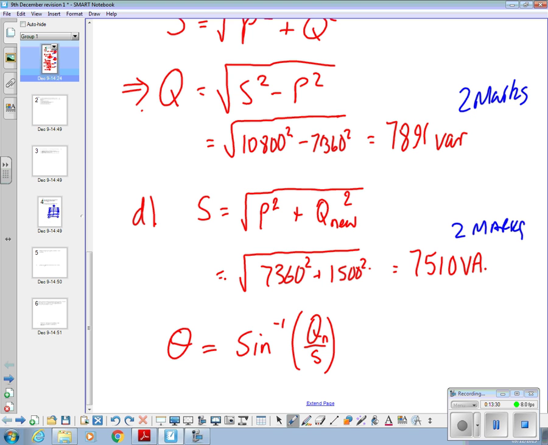Because we're looking at the triangle. Again, draw one. You're trying to find theta. This is 1500. This is 7510. Yep.